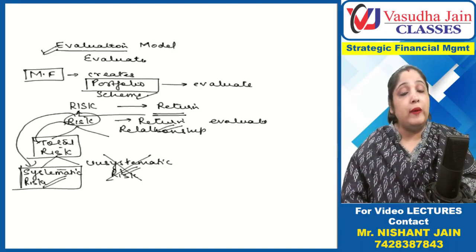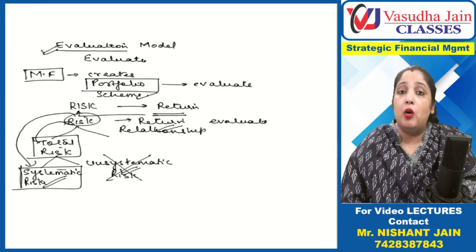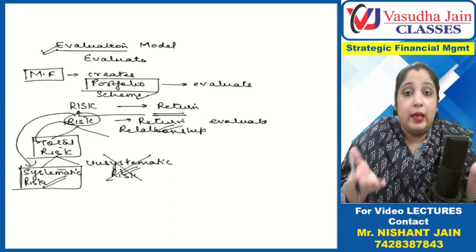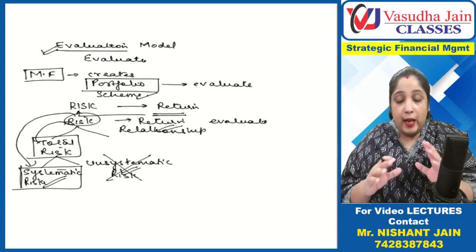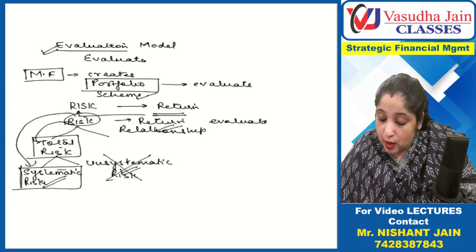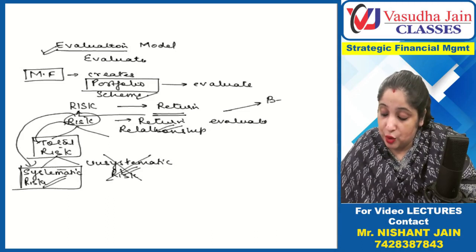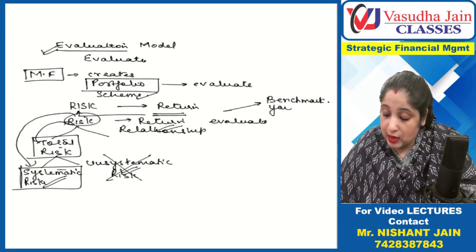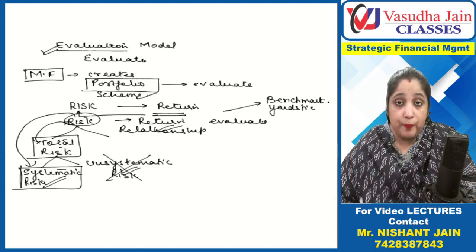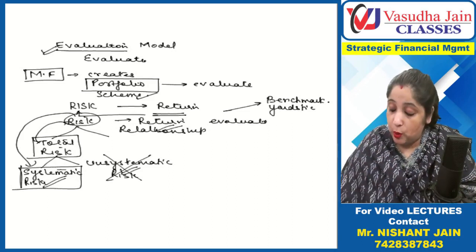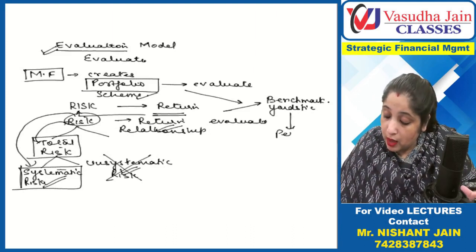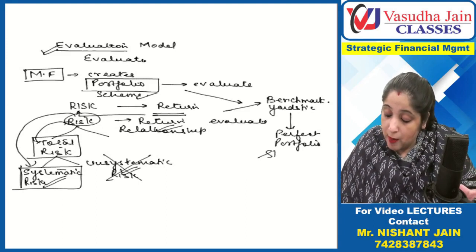Now, how do we know whether the investment is performing well or not? Obviously, we have to compare the return we are getting and the risk we are bearing. Secondly, we also have to compare this relationship with some benchmark or yardstick. So we are going to compare the mutual fund portfolio with a perfect portfolio, that is the stock market portfolio.